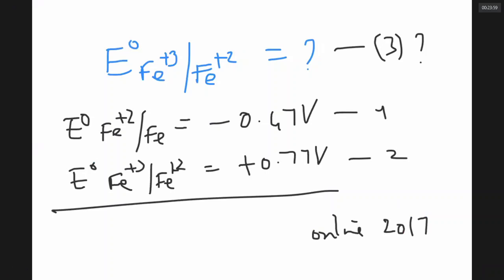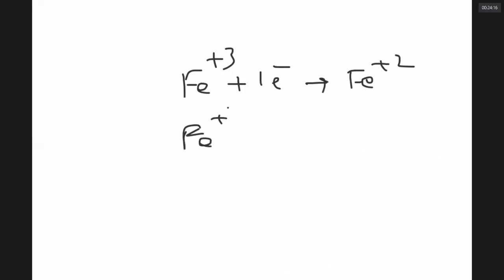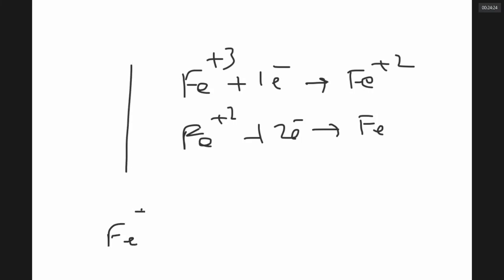You know that we have 3 equations: Fe3+ is gaining 1 electron to become Fe2+. Fe2+ is gaining 2 electrons to become Fe. But you can't add these 2 and get this equation.